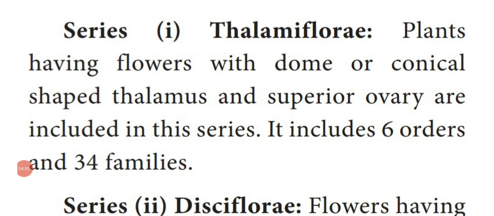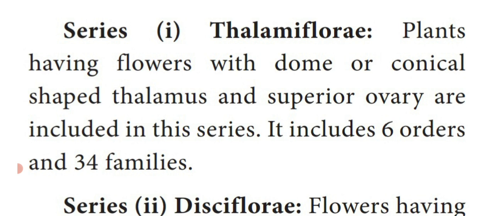Next, we are going to see the characters of the 3 series coming under subclass Polypetalae. Series 1, Thalamiflorae. The shape of the thalamus or receptacle is dome shaped or conical, and they have a superior ovary.